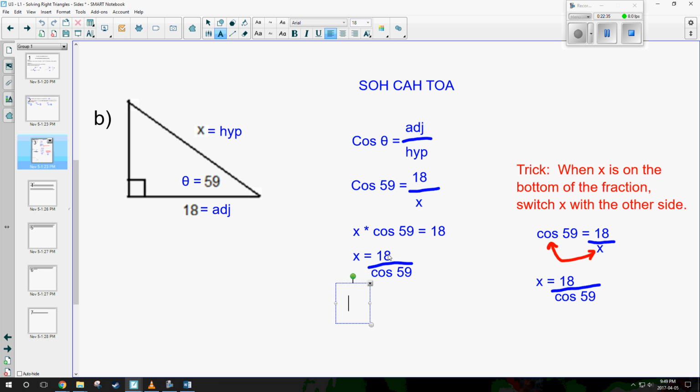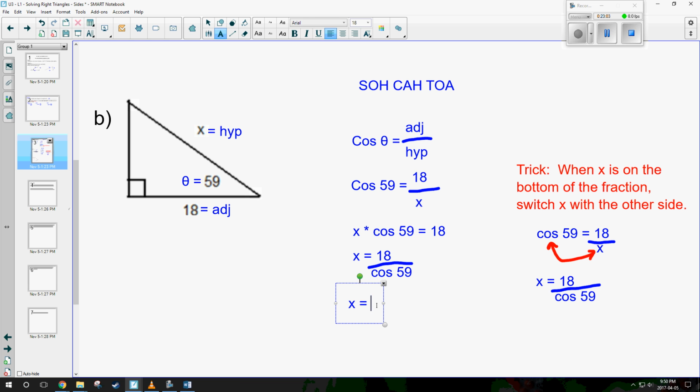No matter which method you choose, you still have to plug this into your calculator. So you have to plug in 18 divided by cos 59. Just a quick reminder, for those of you who have calculators where you sometimes need to type it in backwards, the best thing to do is to do 59 cos, save that answer, and do 18 divided by that, just to make sure you get the right answer.